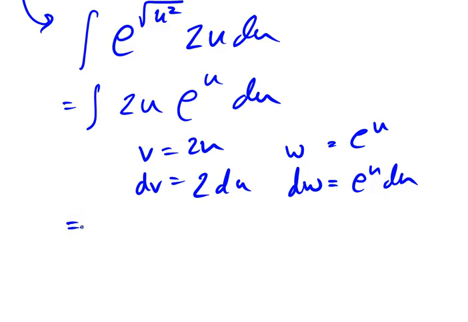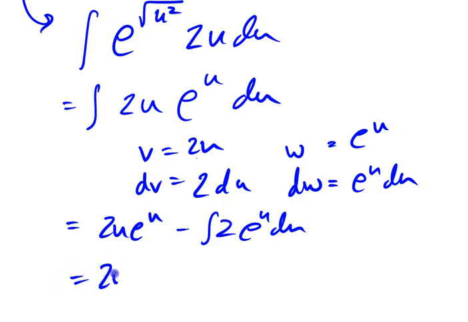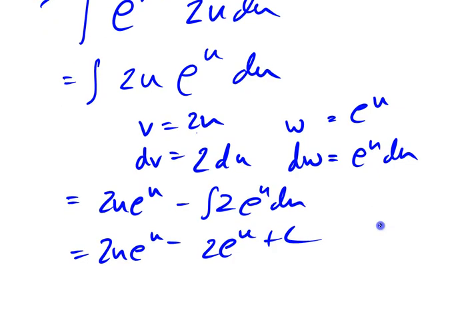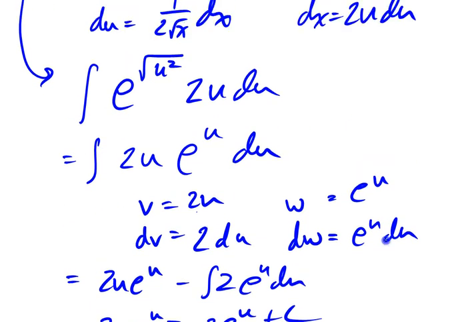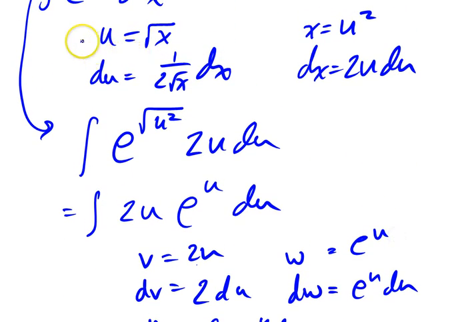So it looks to me like this integral is this times that, so 2u e to the u minus the integral this times this, 2 e to the u du, which is 2u e to the u minus 2 e to the u plus a constant, and then I say, oh, but I know what u is. What was my substitution? u is the square root of x right back up here, right?